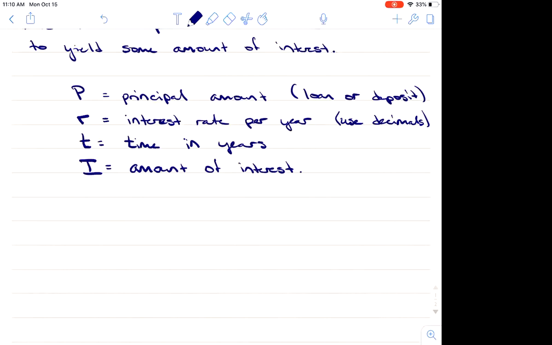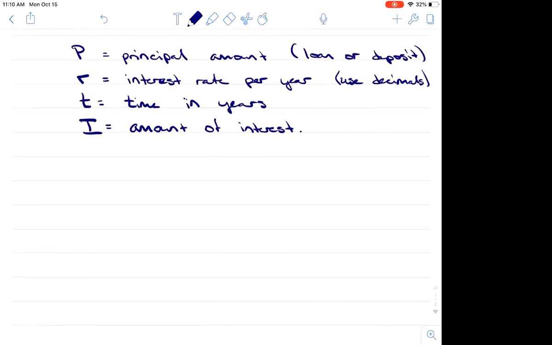So what we have on our formula sheet, right? First thing in our simple interest section is that I, the amount of interest, equals PRT. So the initial amount that we invested times the rate times however long it was in there for. Seems reasonable enough, right?